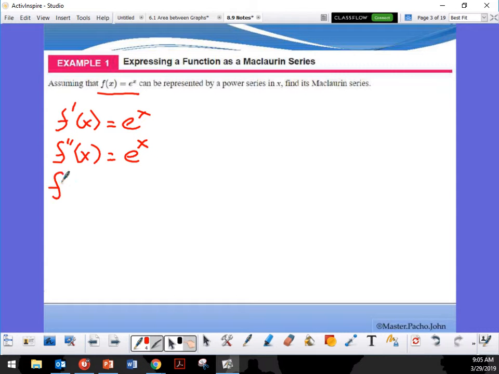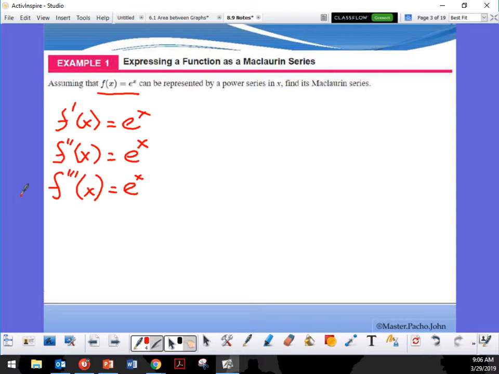F triple prime of x is, there we go, e to the x. So where did I say we're plugging in at? Everyone say 0. So I'm always trying to figure out around 0.